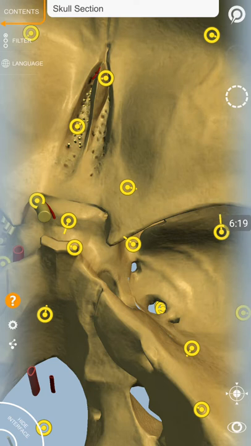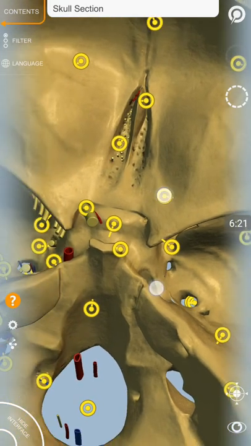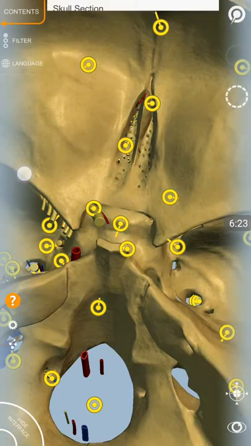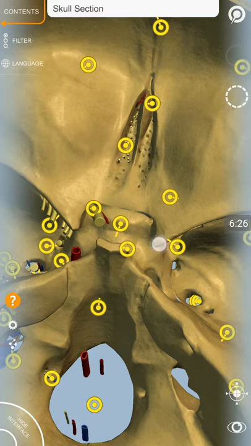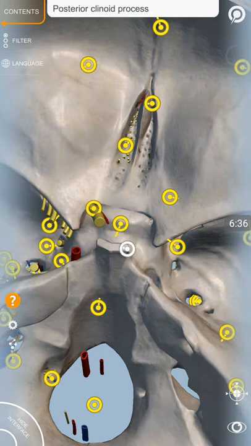lesser wing of the sphenoid bone. Here you can see the lesser wing of the sphenoid bone. Medially, the lesser wing of the sphenoid ends in the clinoid process. This is the anterior clinoid process, and here comes the posterior clinoid process.